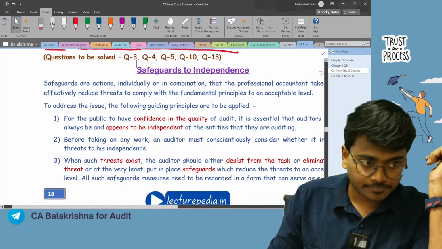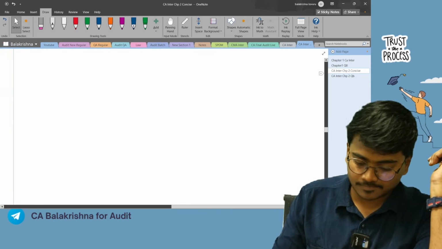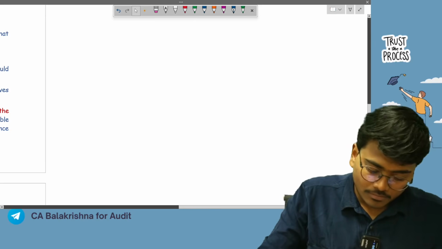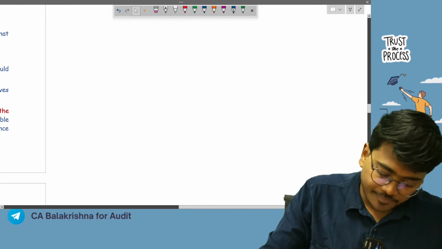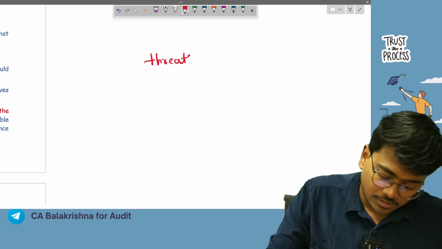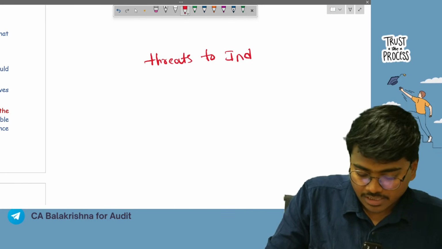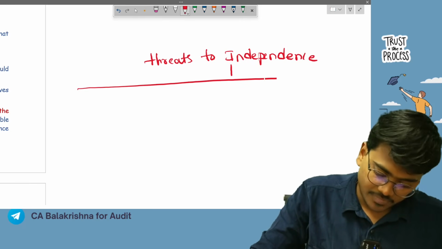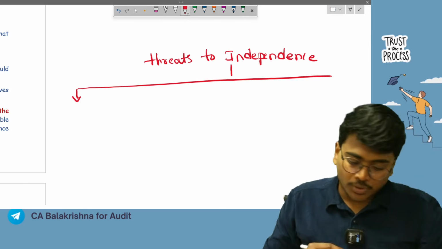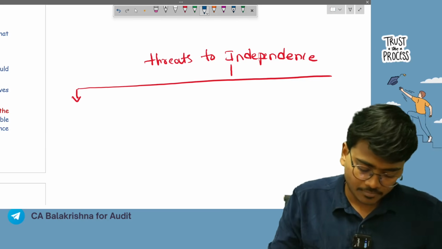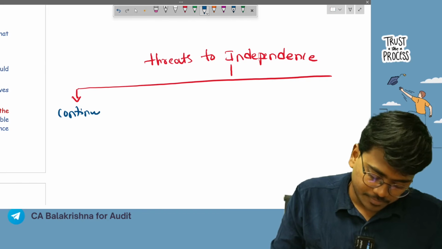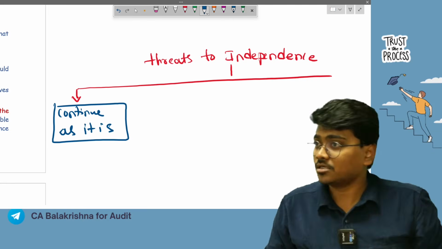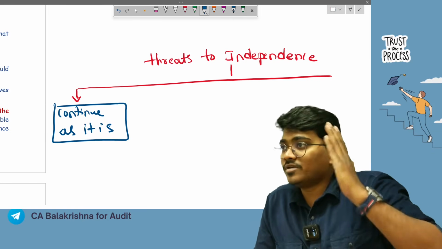Now, if there are threats to independence, the options available with you to deal with the threat are to continue as it is, which you will never do, right? You will never continue as it is with the threat.